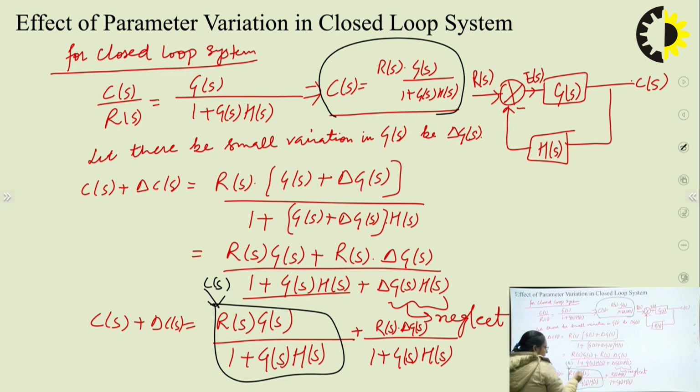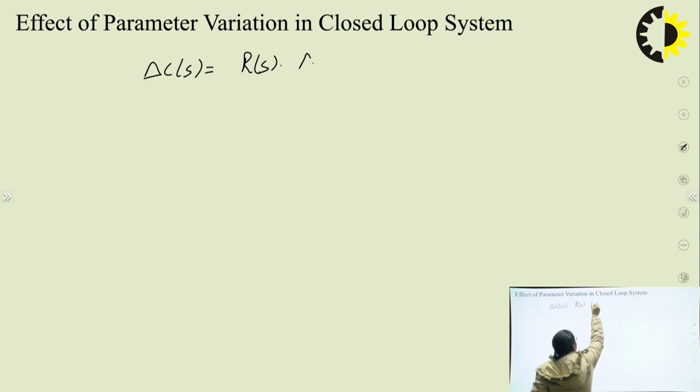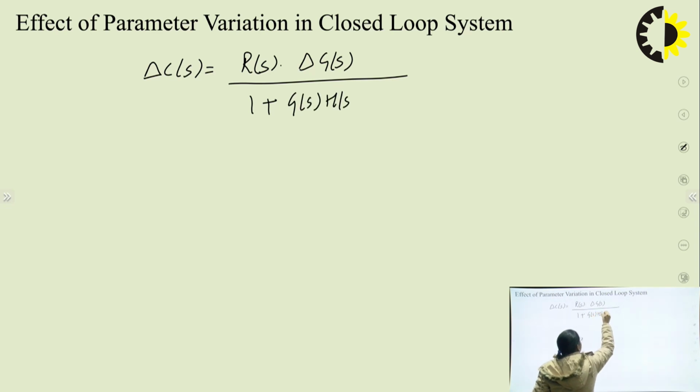So if we compare the left hand side and right hand side, we'll get the value of delta Cs will be equal to this. So delta Cs will be equal to Rs into delta Gs upon 1 plus GsHs. So this is the change in output due to the variation in the forward path of the closed loop system.